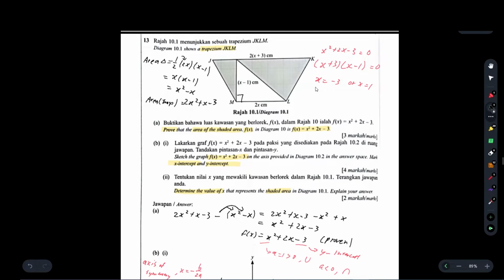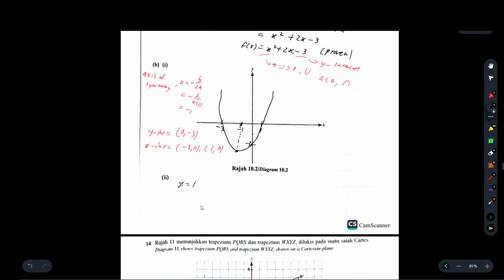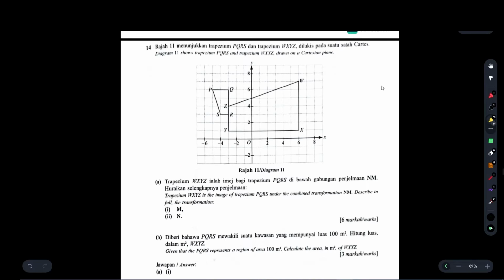The answer x equals -3 is going to be ignored, because the value of x represents the length of this shape. So the answer is simply x equals 1 centimeter.